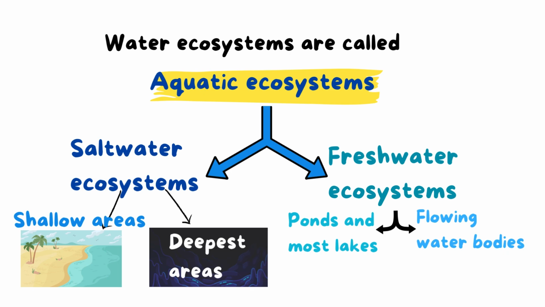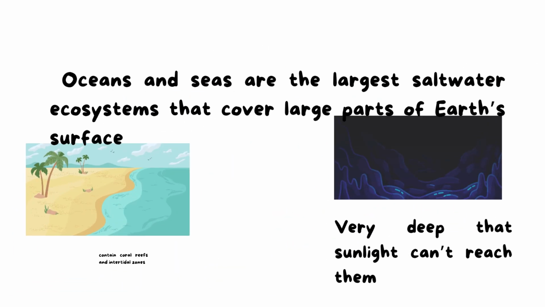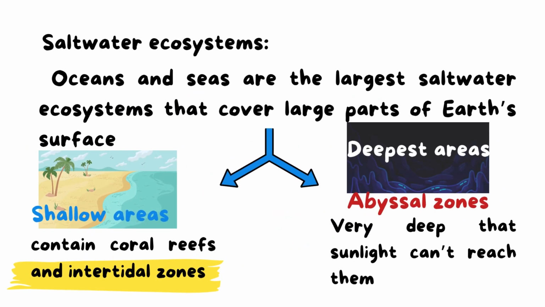So if this point is clear, we will now discuss the saltwater ecosystems. Oceans and seas are the largest saltwater ecosystems that cover large parts of Earth's surface, as we know.